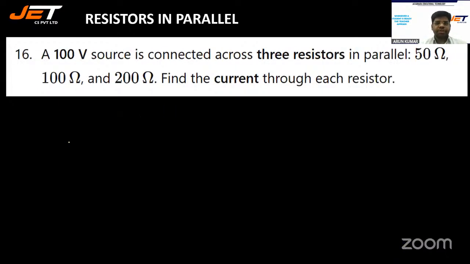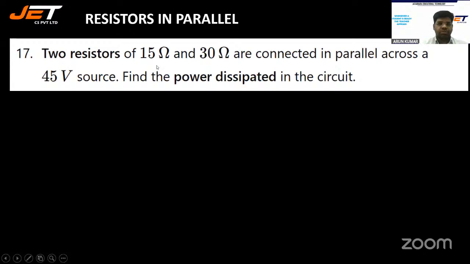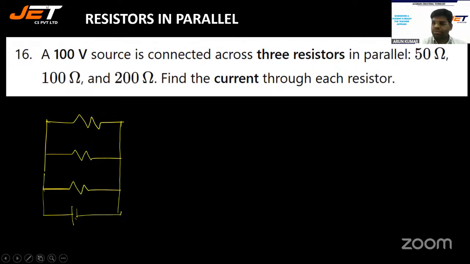A 100-volt source is connected across three resistors in parallel. Find the current through each resistor. As I told you, when a small circuit like this comes with a battery given, it is better to draw the circuit. Okay.